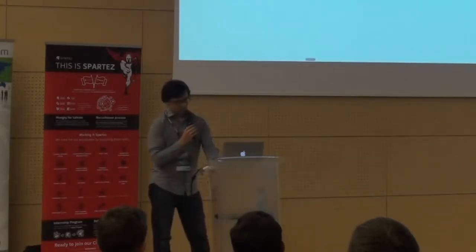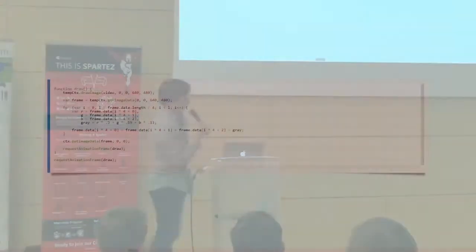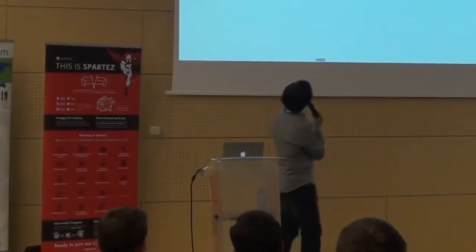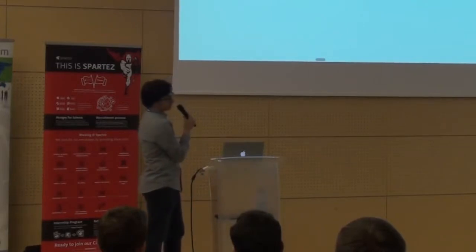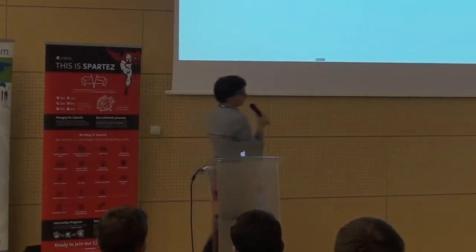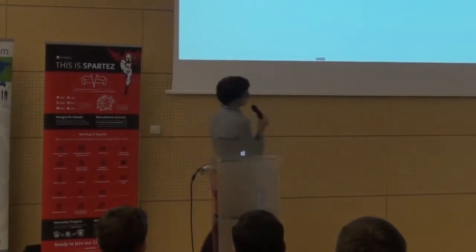But you can also use canvas. So in this case, we would, after requesting the video to the video element, we request the animation frame with the draw function, and inside of the draw function, we draw the video element into a temporary canvas. Then we get the image data from the canvas, and we go crazy.